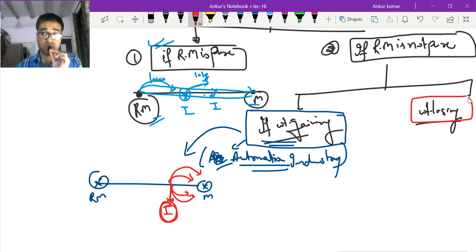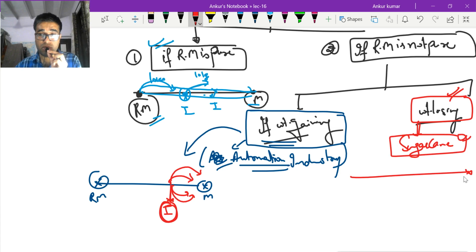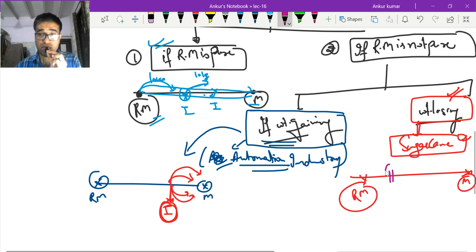Now when the raw material is weight losing, for example in case of sugarcane, what you do is establish the industry near the raw material center. So for example, this is the raw material center, this is the market. You establish the industry close to the raw material, because you are transporting heavy matter to the industry, and the matter which comes out will be very light.